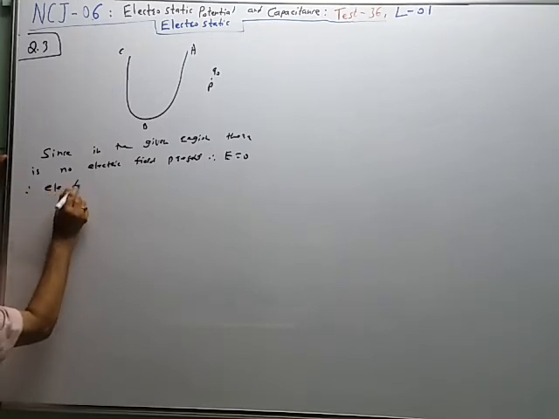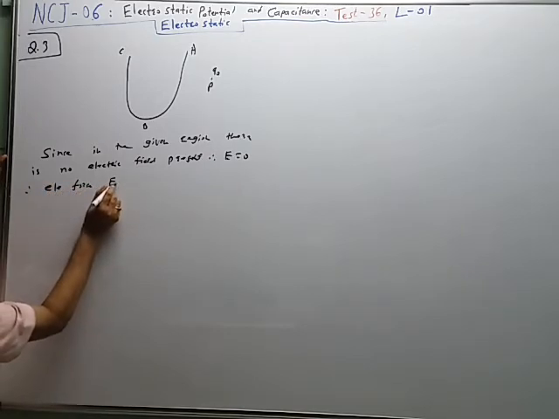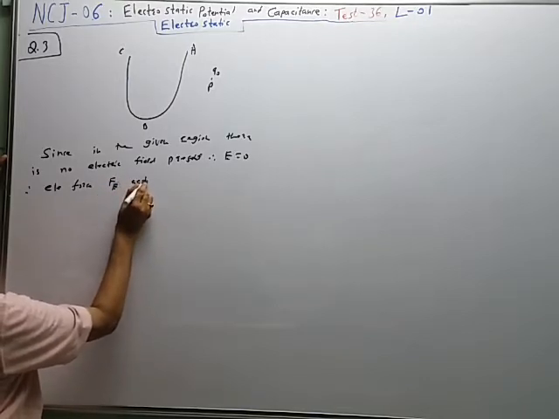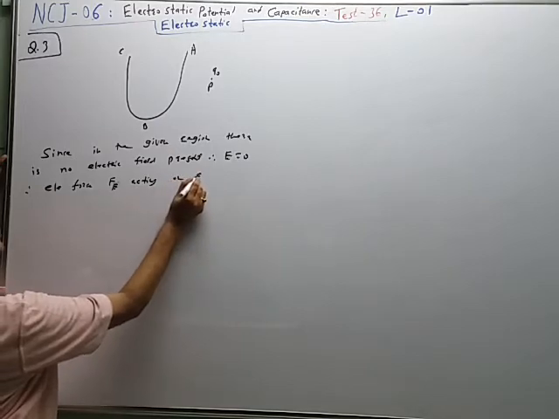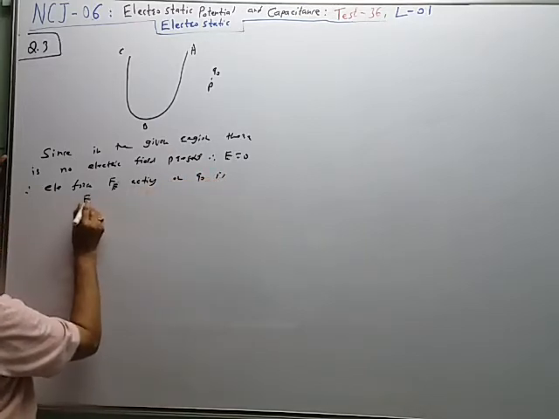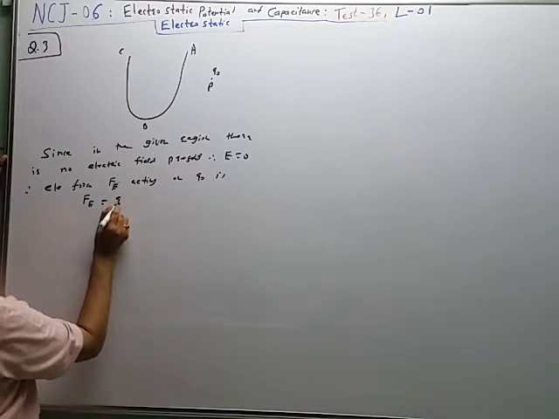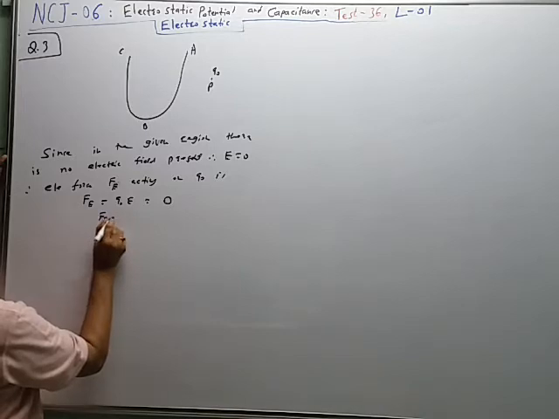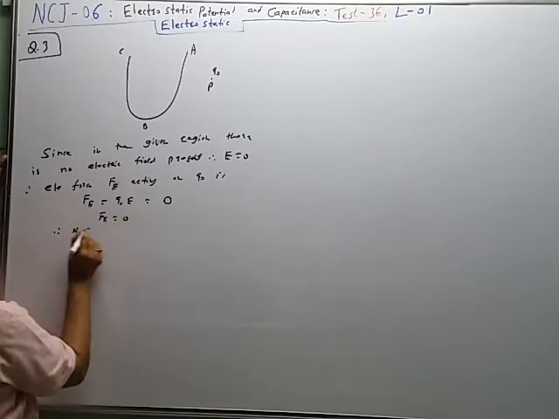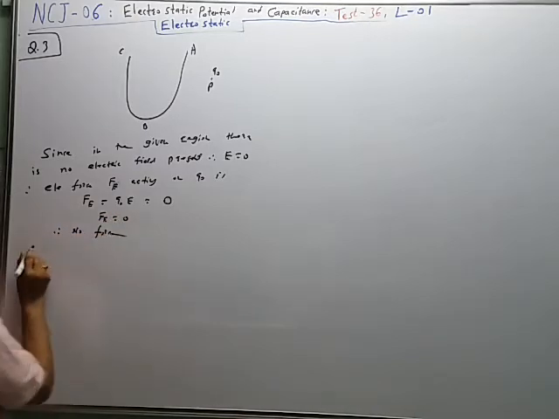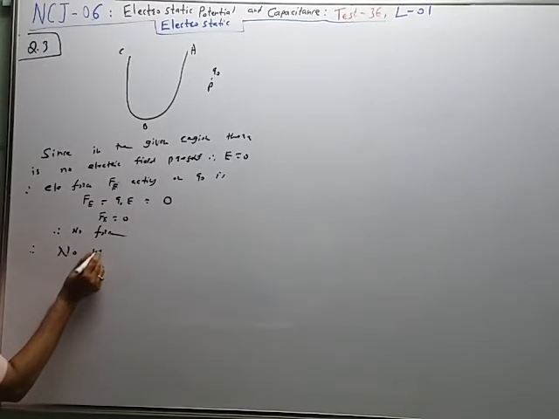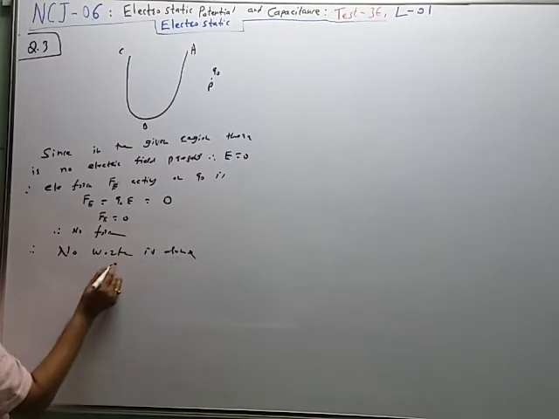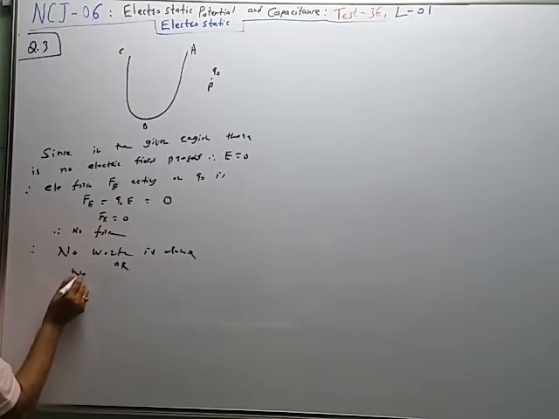Therefore the electric force Fe acting on Q0 is Fe equal to Q0 into E, which is equal to 0. No force, therefore no work is done, or work done is equal to 0.